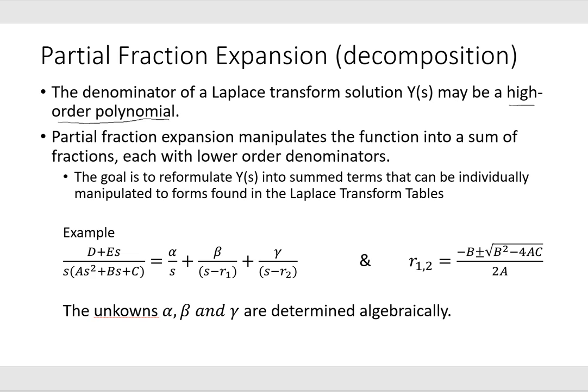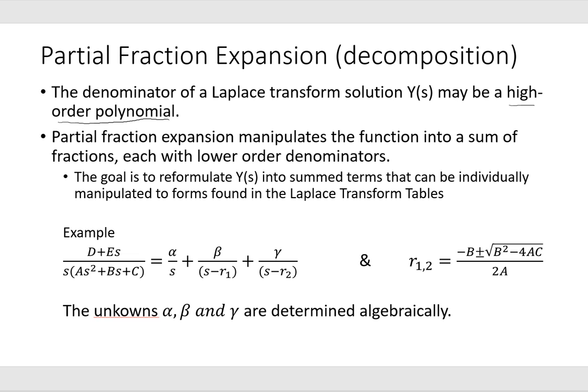So by using partial fraction expansion, we're able to manipulate this function so it actually is the sum of lower order denominator fractions. Doing this, we can reformulate y of s into some terms, and based on the linearity principle of the Laplace transform, we can handle each of these terms individually and find them in the Laplace transform table to inverse transform.